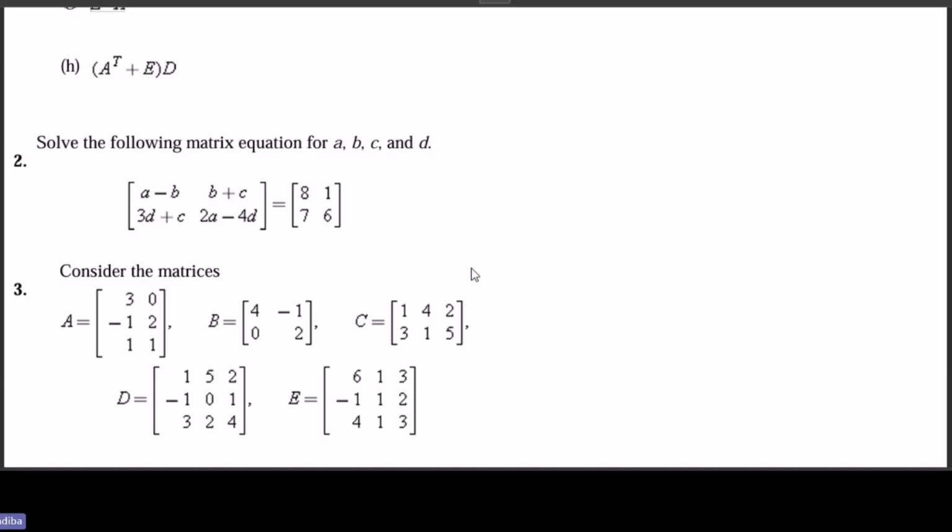B: 4, minus 1, 0 and 2. Matrix C, the entries are 1, 4, 2, 3, 1, 5. Matrix D has the following entries: 1, 5, 2, minus 1, 0, 1, 3, 2, 4. Matrix E has the entries 6, 1, 3, minus 1, 1, 2. Lastly, in the third row, 4, 1, and 3.